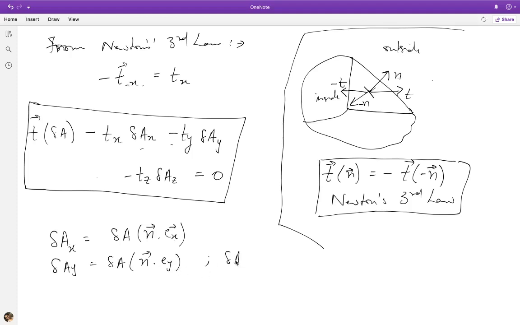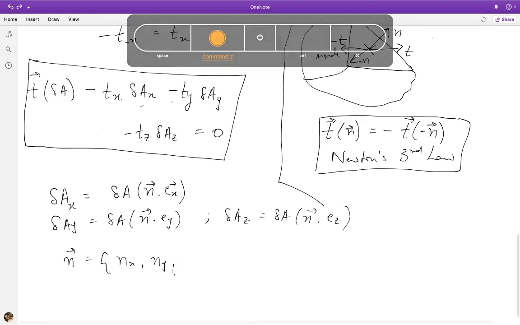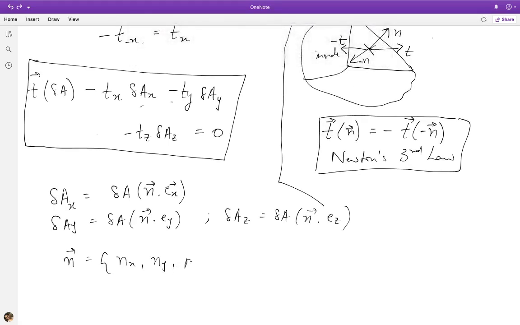And of course, delta Az is delta A times n dotted with Ez. Now, for simplicity, I can represent n, the vector itself, in terms of its Cartesian coordinates nx, ny, nz, where of course nx is nothing but n dotted with ex, and similarly for ny and nz.